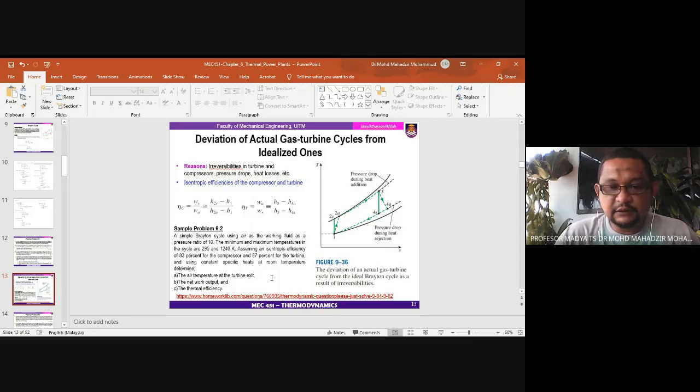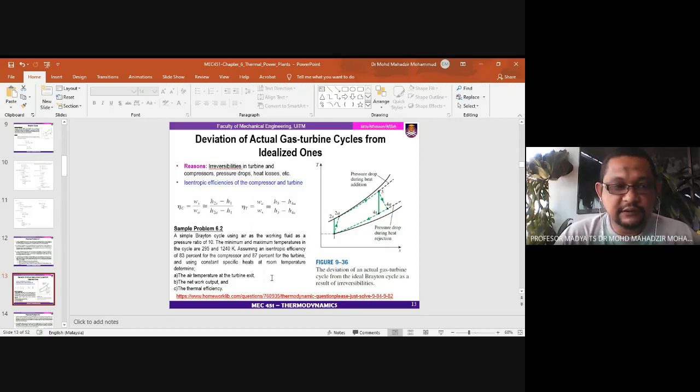Let's see the next sentence. It says, assuming an isentropic efficiency of 83% of the compressor and 87% of the turbine, and using constant specific heat at room temperature, determine A, B, and C. So in this case, it has an actual value, because in the third sentence the isentropic efficiency has been mentioned.